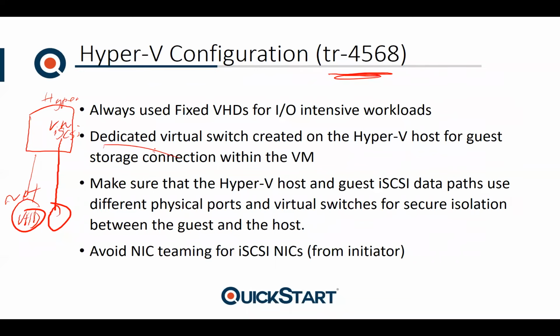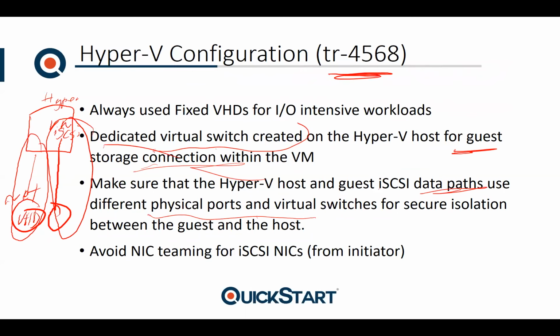So dedicated virtual switch for guest storage connection within the VM. So a different virtual switch is being used for this type of connection versus this type of connection. Make sure that the host and guest iSCSI data paths use different physical ports, and again, separate virtual switches.